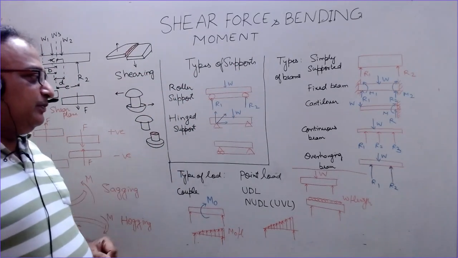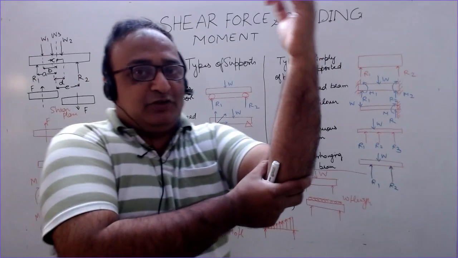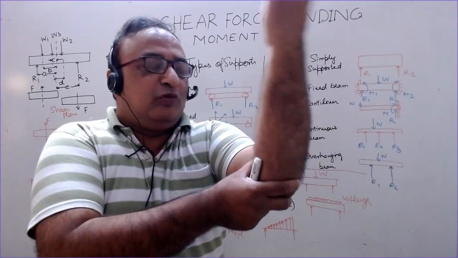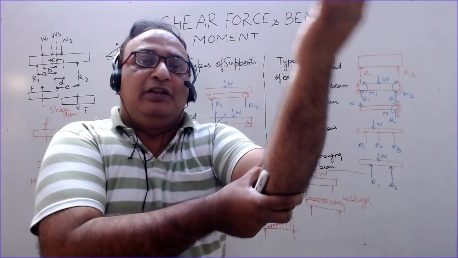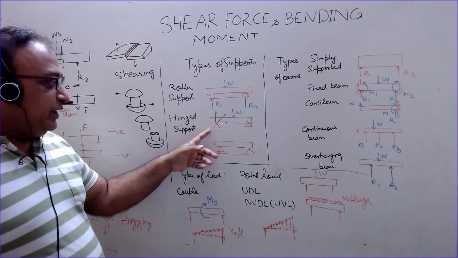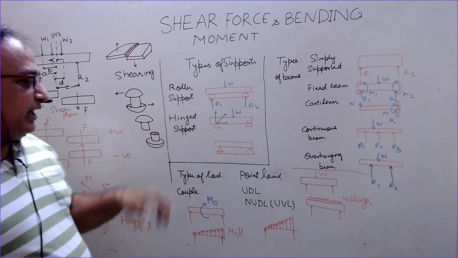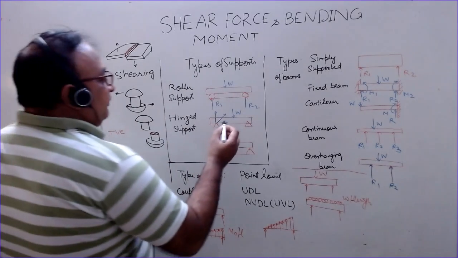Then we have the hinge support. Like we have this joint here, it is hinged. So it can move in only one way, only 1 degree of freedom, rotation, is possible. If we have a hinge joint in the beam and this is the load acting on the beam, the reaction will always be inclined.